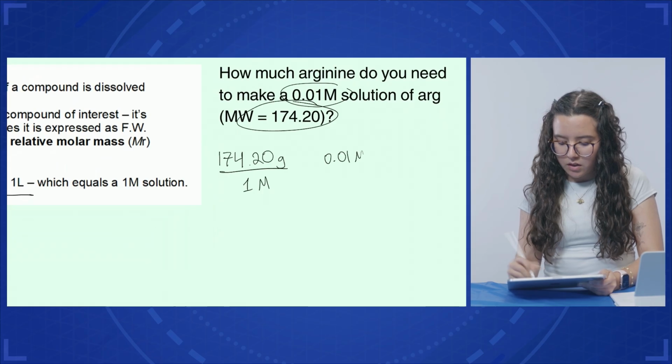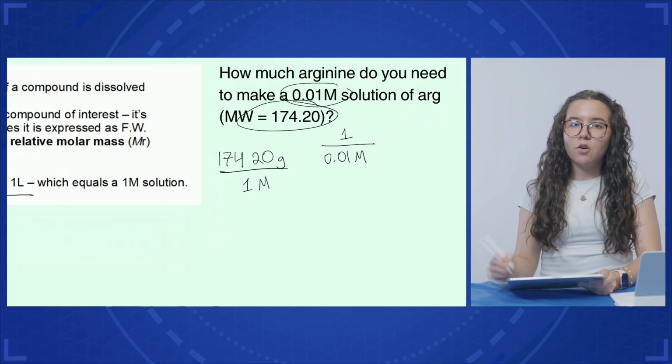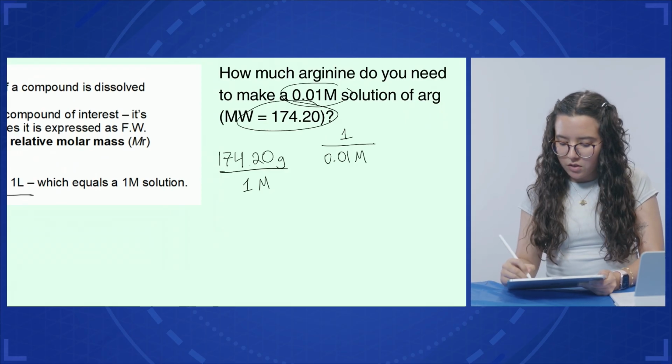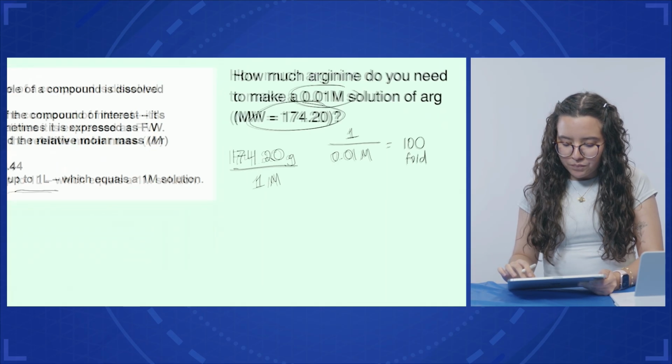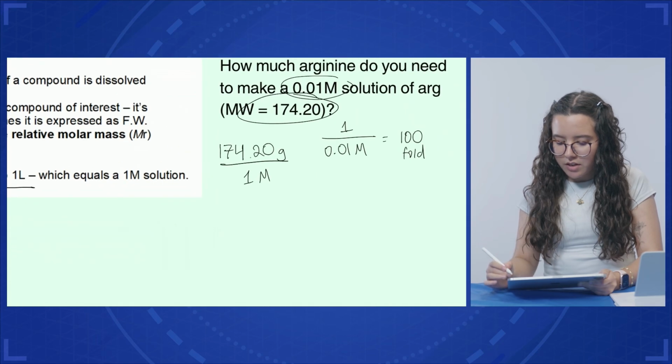0.01 molar. So if we were to just go ahead and do that division, we can see how many fold that solution is. Here, that would result in 100. So we know it's a 100-fold solution that we're making, or dilution, I should say.